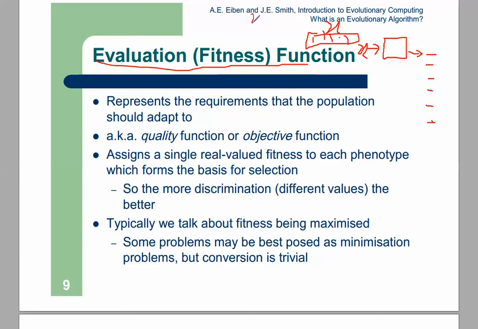For example, if we have two solutions or two chromosomes x1 and x2, if the evaluation of x1 is, for example, 10 and x2 is 11, the fitness function indicates that x2 is better than x1. It is a quality function. It is a measurement function where the better solution provides the higher fitness value.